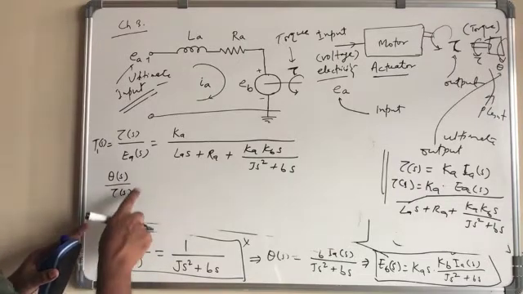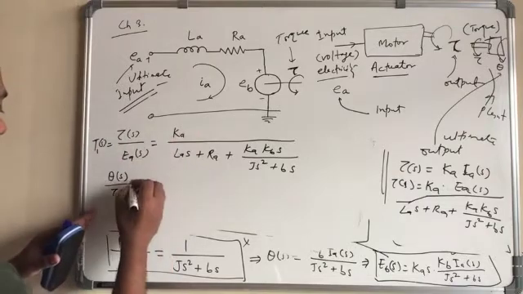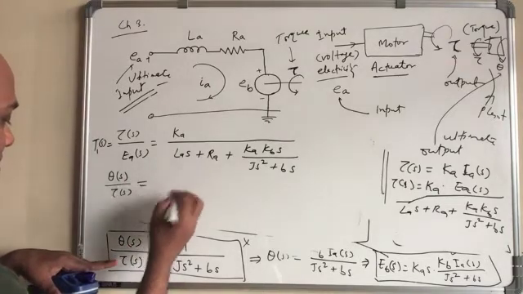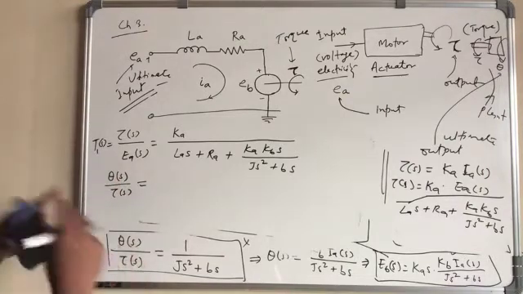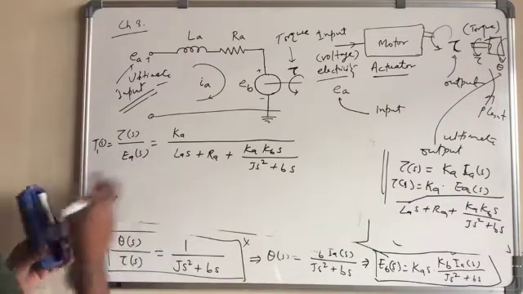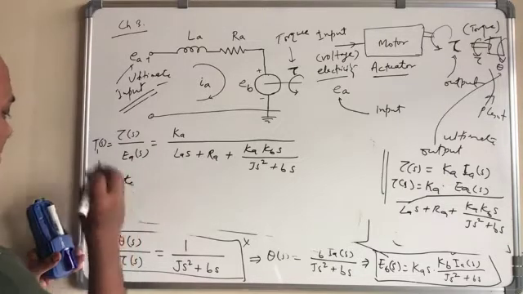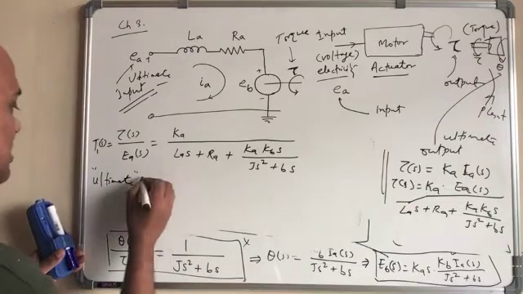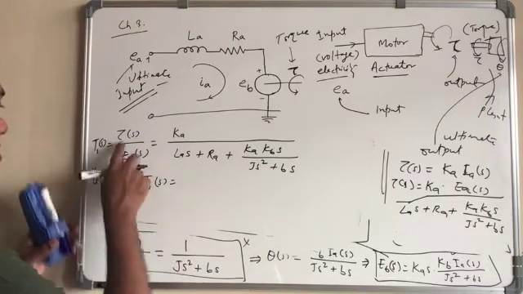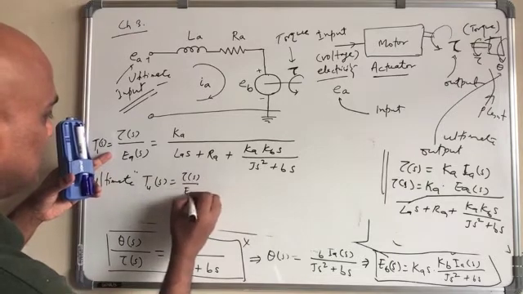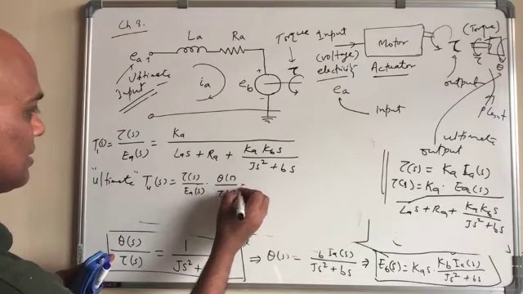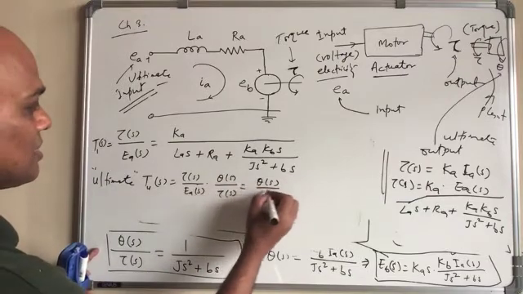Let's call the ultimate transfer function TU of S. So tau S over EAS, and then we should have theta S over tau S, so that you have theta S over EAS.